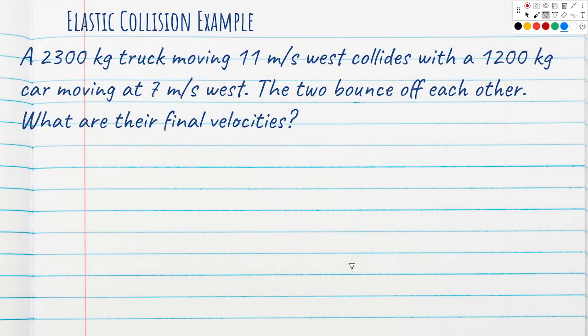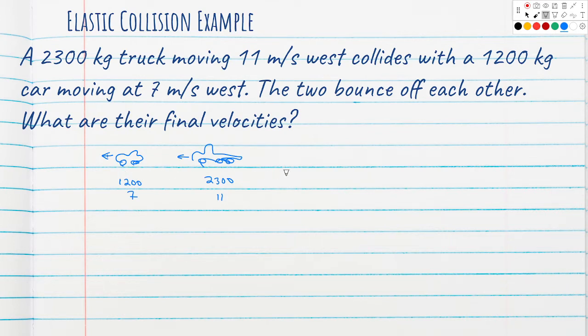Okay, these two, this is the same problem we just had, but now it's a bounce problem. So let me draw it one more time. Car, 1207, and I've got the truck, and it's 2311. They're both moving west like that.